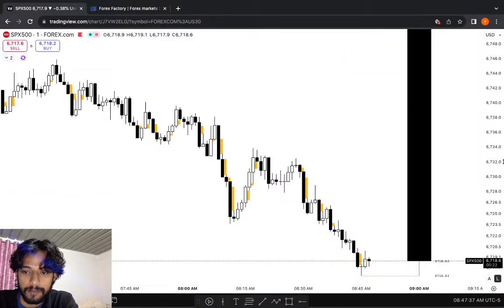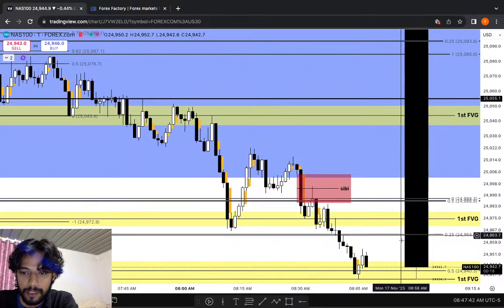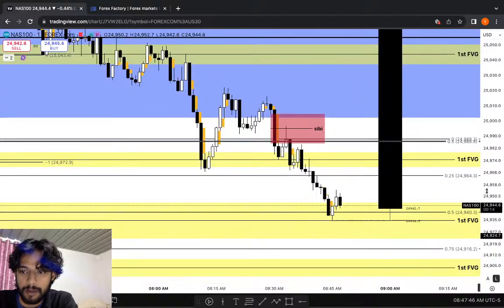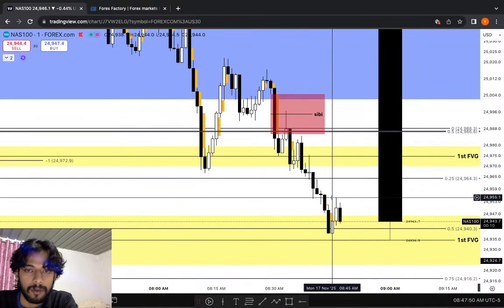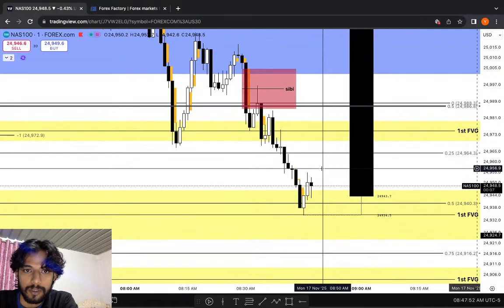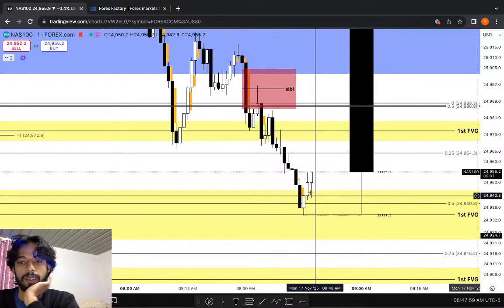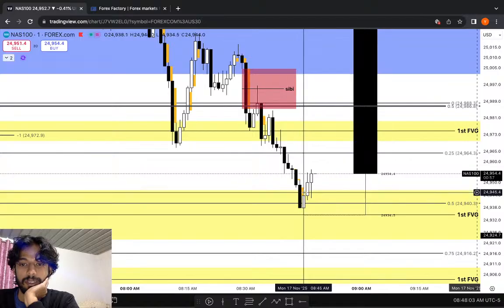What I'm looking at: break that low on the 15-minute, which is around 933. We created the low right here, 10 points away from that. No, not 10 points, sorry, I'm really sorry. They are taking the support from this inefficiency right there.